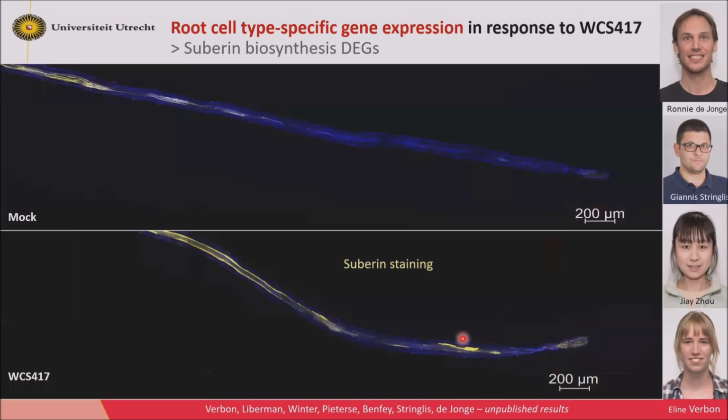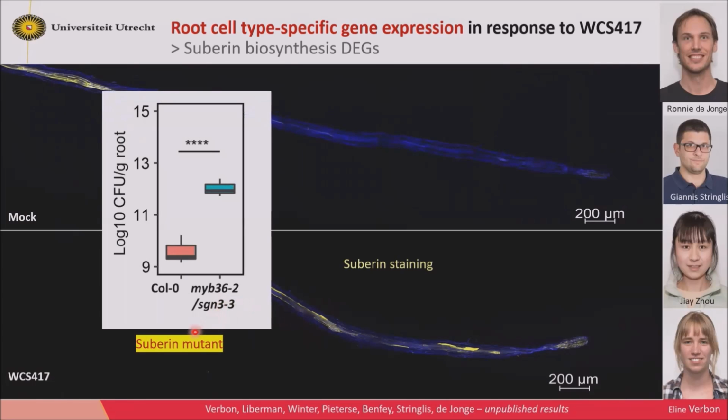Here you also nicely see that colonization of the roots by WCS417 leads to stronger suberin staining of the root system, indicating that the plant root responds to colonization by producing this enhanced structural barrier.